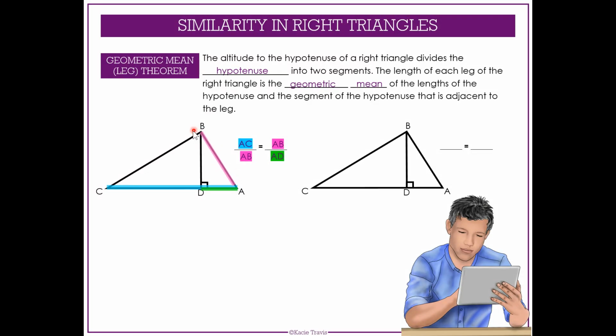Now, this is for if you had to go through and find this side here of the right triangle. If you had to find this side, we set up things a little bit different. So let's take a look. We still use the hypotenuse, AC again, but this time we're looking for this leg, which is BC. Now, BC is also going to show up in the numerator here, and we're going to use the part of the hypotenuse which is closest to BC or adjacent to BC, which is CD.